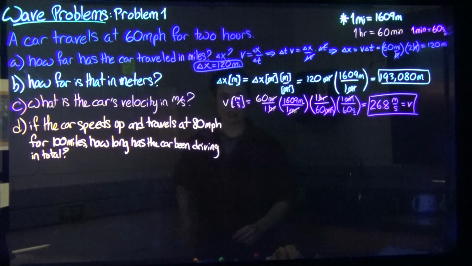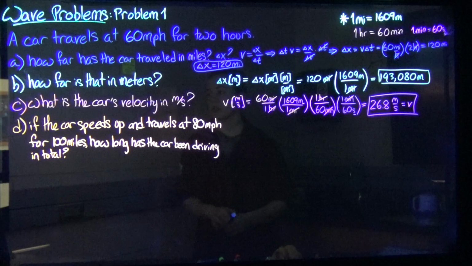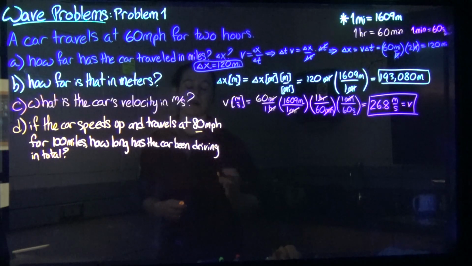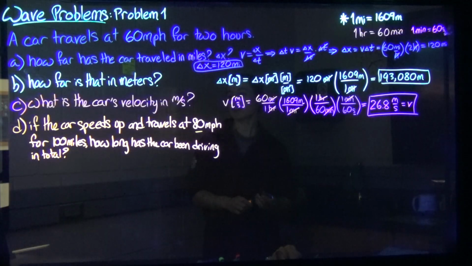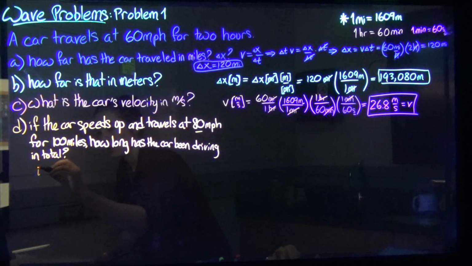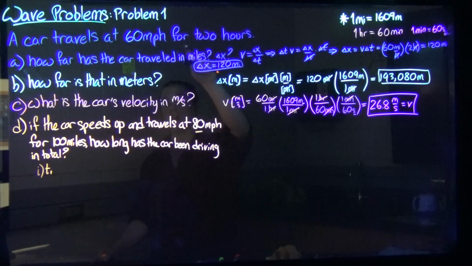All right, so now we have part D. We're saying that the car speeds up and it's now going to travel at 80 miles per hour for 100 miles. And we want to know the time that the car has been driving, so this whole time. So we've essentially got a time, a T1, and that's for this first part where it's traveling at 60 miles per hour for 2 hours.